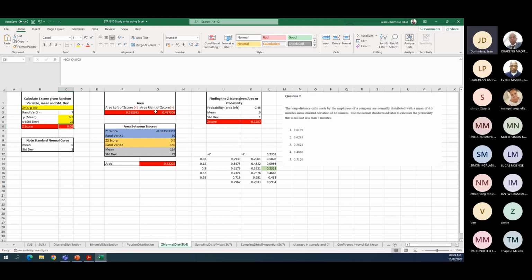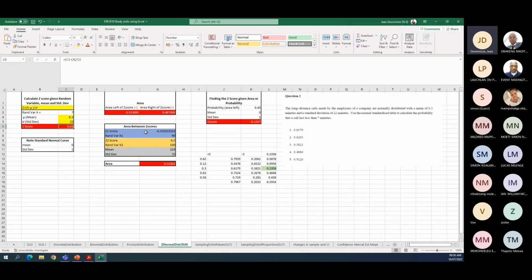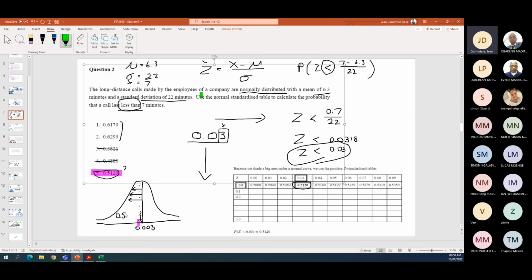Then what I've included is, if you look at the Z or at that distribution, you will see now that there's the 0.15, so that's if it is smaller than the Z. Sorry, bigger.